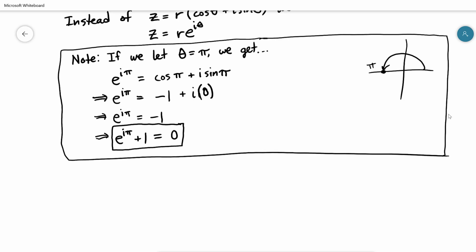But a lot of times people refer to this as one of the most beautiful equations in all of mathematics. And the reason for that is that it relates basically like the 5 most fundamental quantities in all of math.